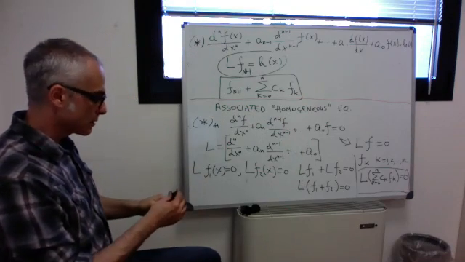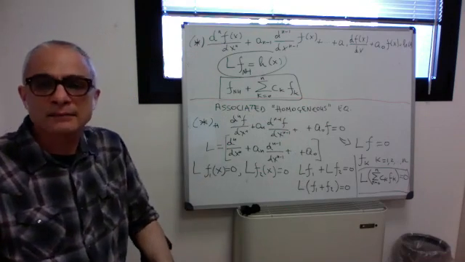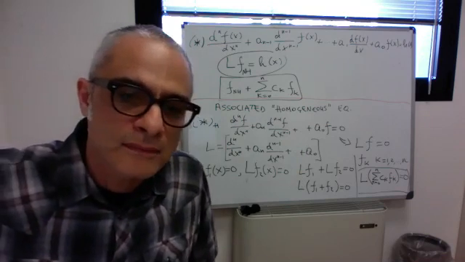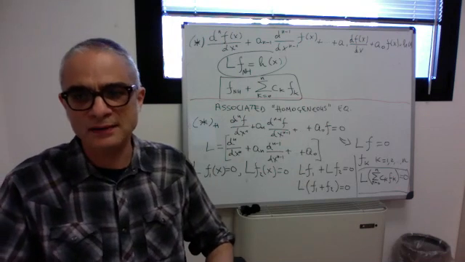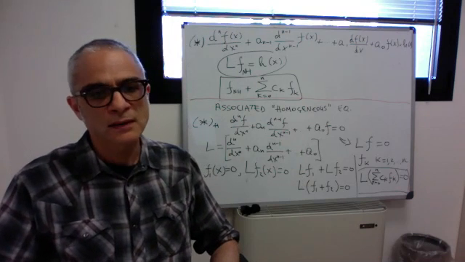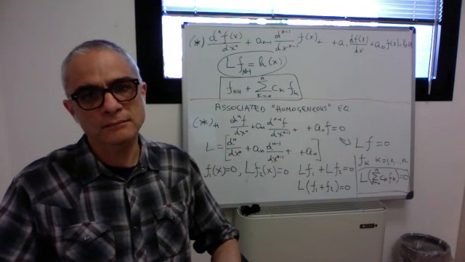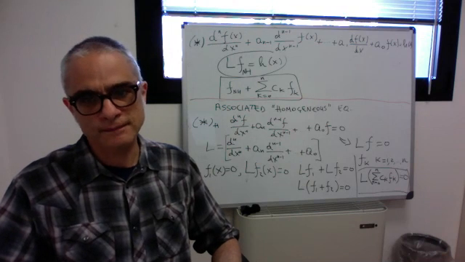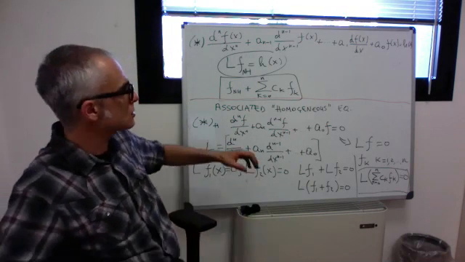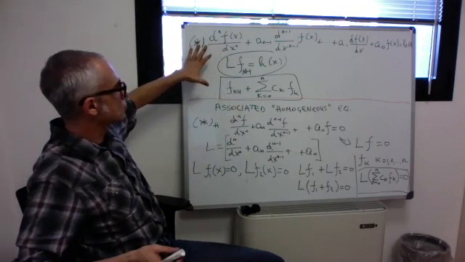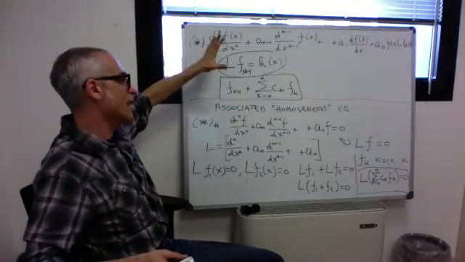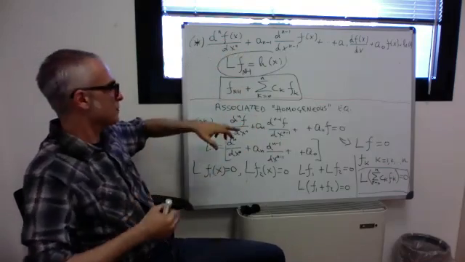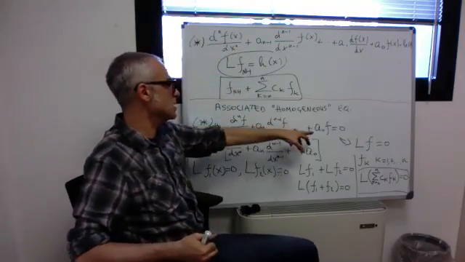So the bottom line is that what in most cases we do in practice when we are faced with a non-homogeneous differential equation is we extract from it the homogeneous equation.